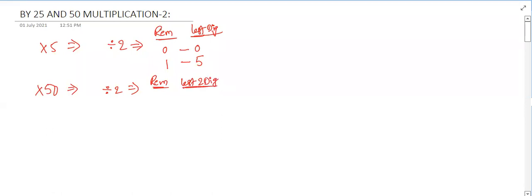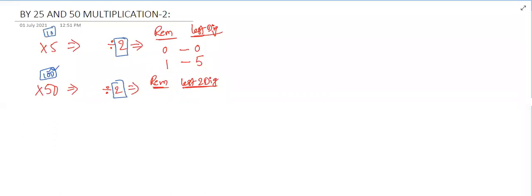Why 2 digits? Because by taking this factor of 2, we are making 50 into 100 as the base. 100 consists of 2 zeros, that's why 2 digits. Here also by taking the factor of 2, we are making 5 into 10. 10 consists of only 1 zero, that's why 1 digit.